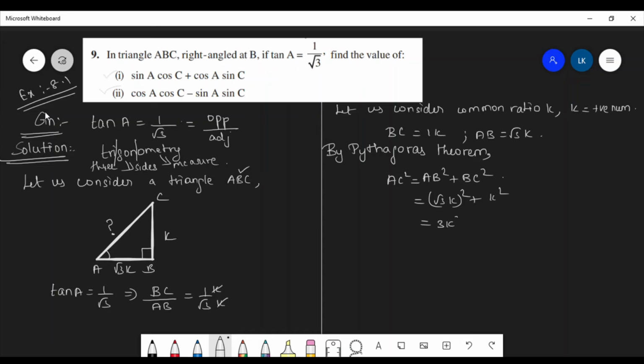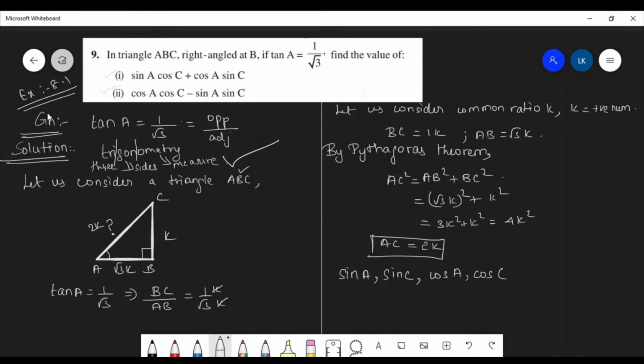Therefore 3K square plus K square is equal to 4K square, and AC is equal to 2K. The notion of trigonometry is measuring 3 sides, and we have measured the 3 sides: K, root 3 K and 2K. It is very easy to find sin A, sin C, cos A, cos C.